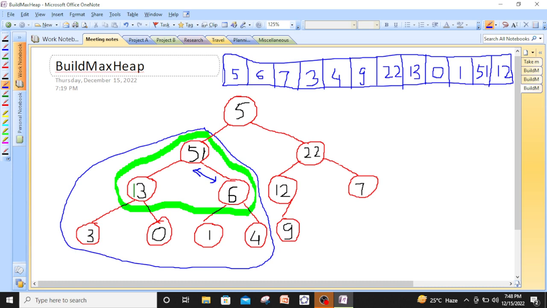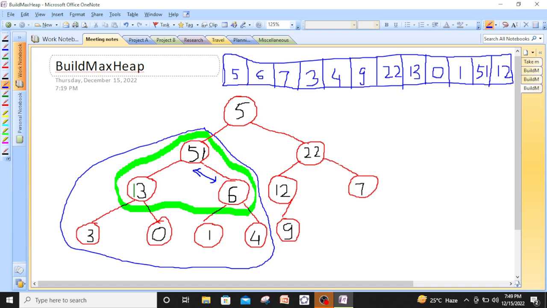So we consider now the node 6 with its children. If you observe 6 with its children, that is 6, 1, 4, then among these three 6 is the largest. So there is no need to do extra work here. Our working with the blue enclosure is complete.